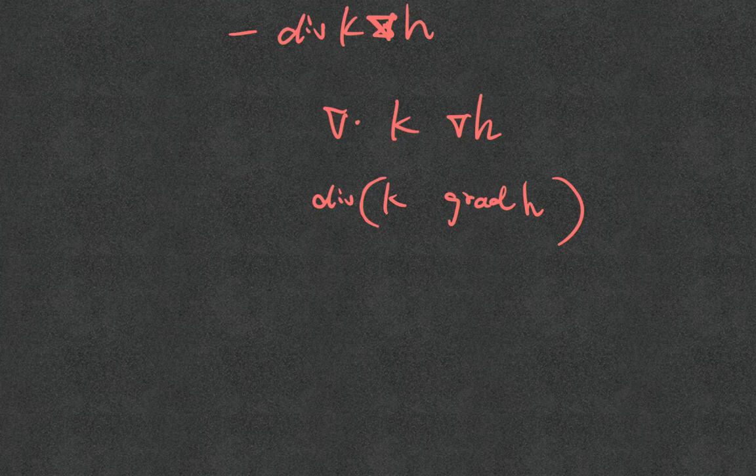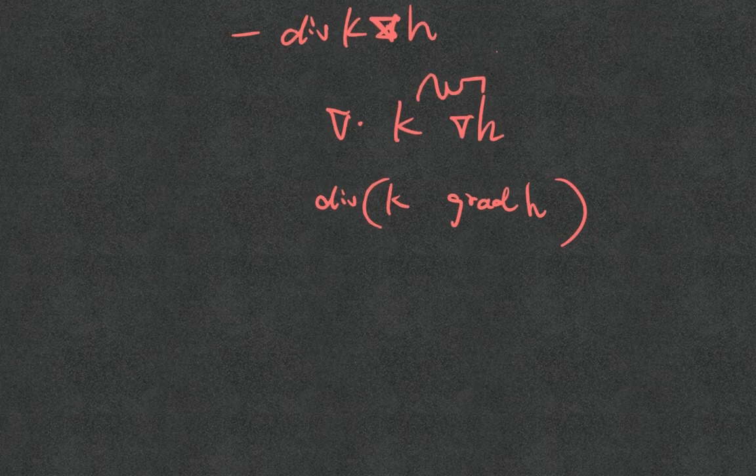Now the divergence of K times the gradient of H is a scalar. This is a vector, you see what I mean? And the divergence of a vector is a scalar. So how do I get the scalar equations? Okay, this is the first term.